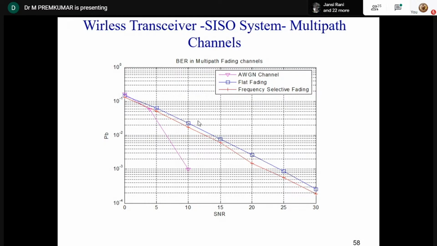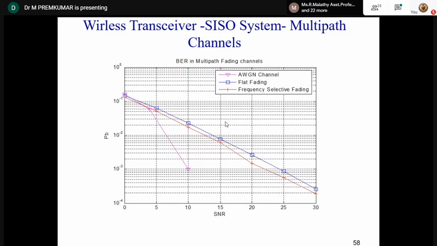Likewise, you can also obtain the graphs for the flat fading channel and the frequency selective fading channel. So if you compare these three graphs, the first graph, as we have seen earlier, is around 7 dB. You need to spend only 7 decibels of power to transmit a signal in an AWGN channel. But as we know, AWGN channel is not a practical channel, and these are two practical channels.